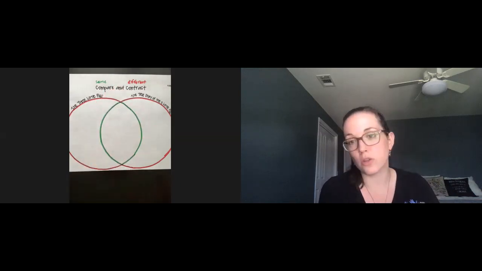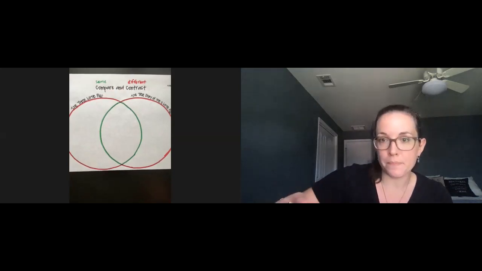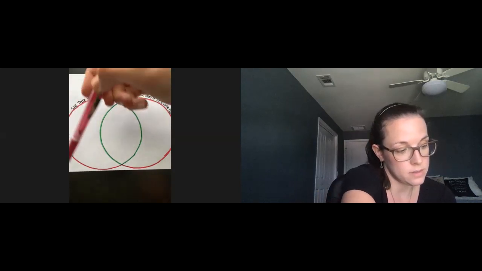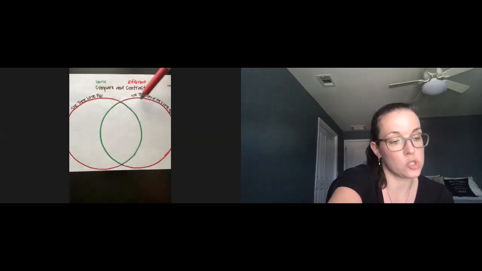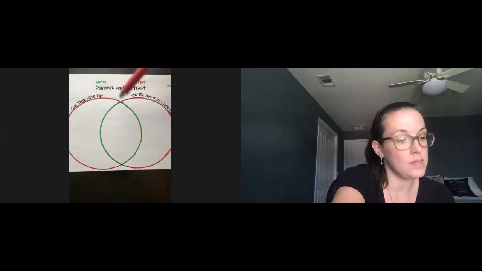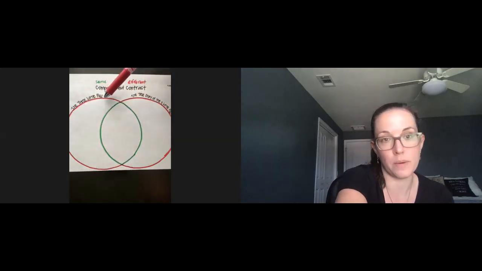These circles that are here on the worksheet, you may or may not be familiar with these. It's called a Venn diagram. So in the red part, this is where you're saying what just one of the stories has. In this red area, we would put things that are only in The Three Little Pigs.